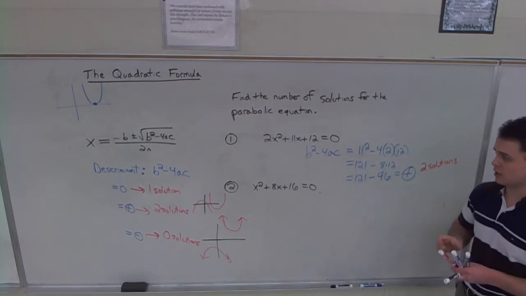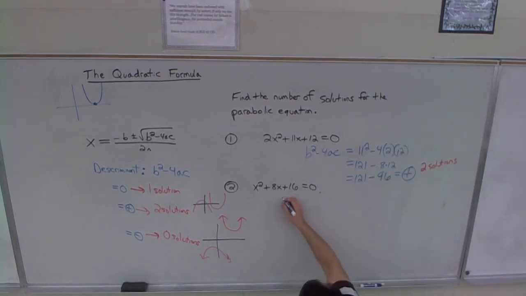So notice how quick that can be. So if we've got something like this, the discriminant, let's see what it turns out as. So this time B is 8, A is 1, C is 16, 64 minus 4 times 16, you might need your calculator there.